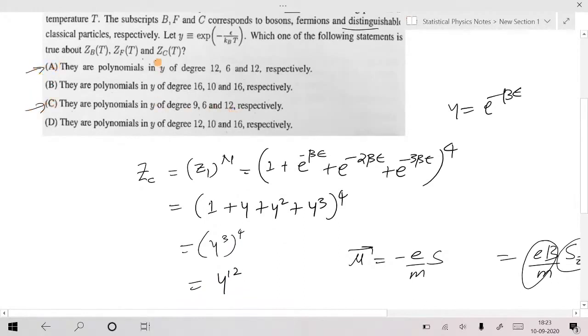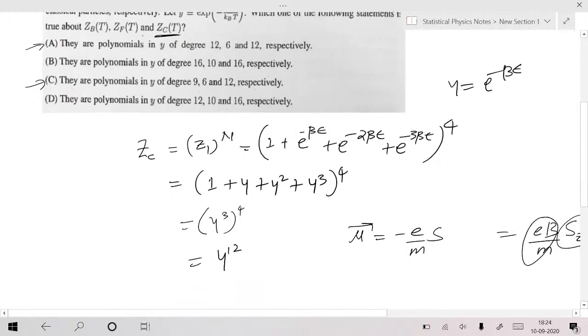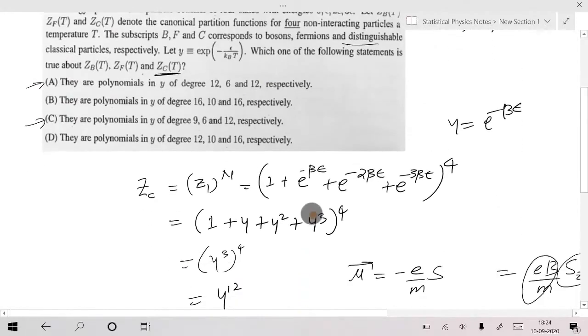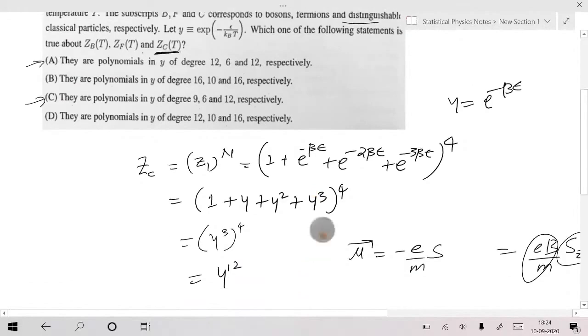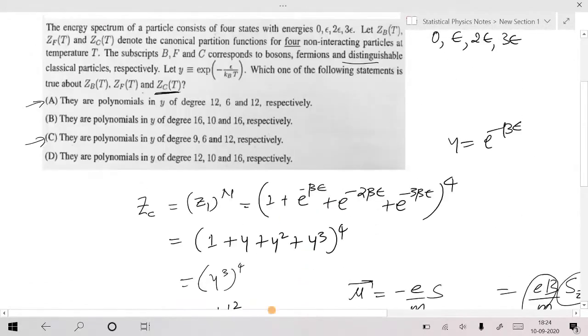Am I right? Because this is the third one, and the third one has maximum power 12, either option A or option C. Now look here, which is the best one? I have eliminated these two options. Look how I'm saving the time.